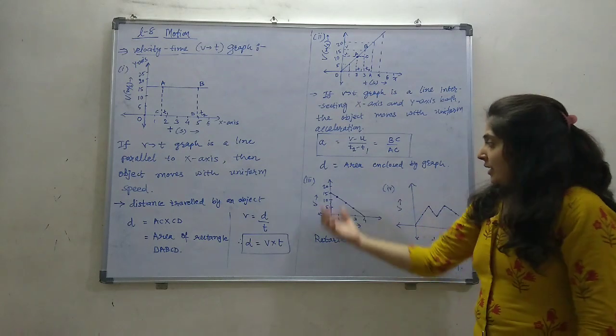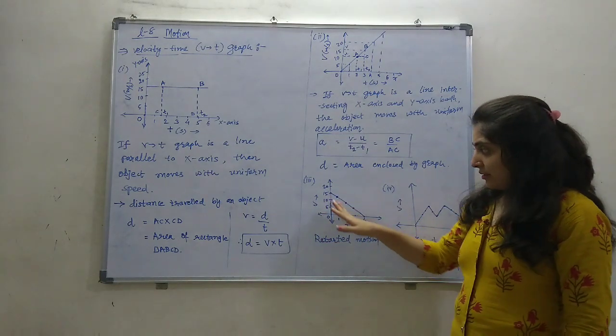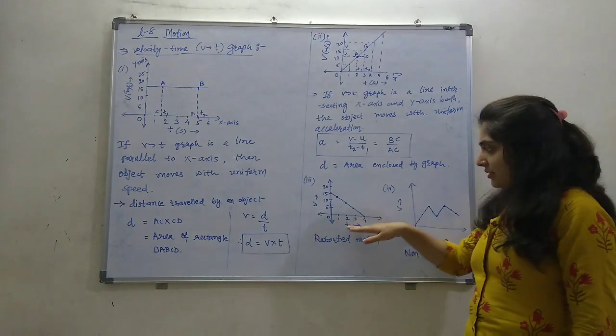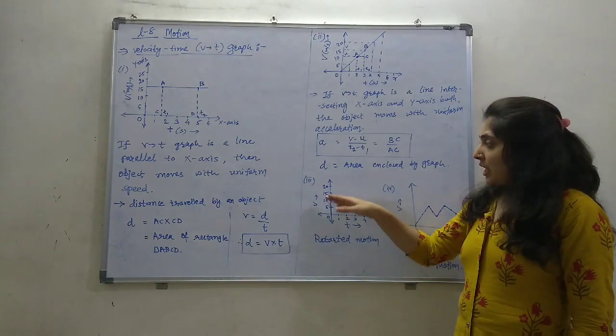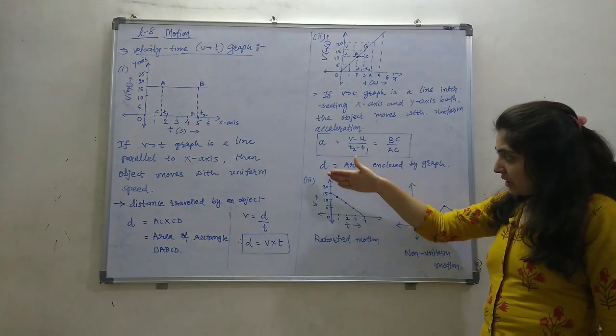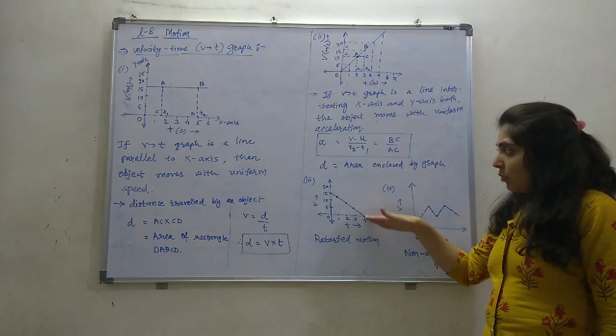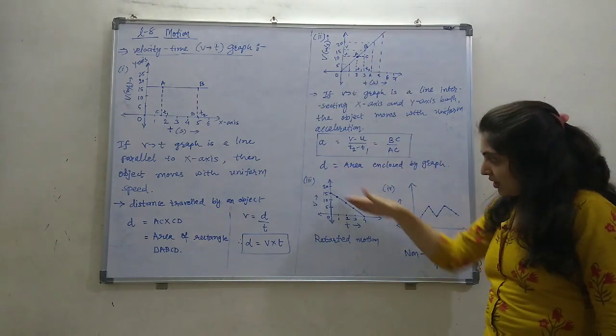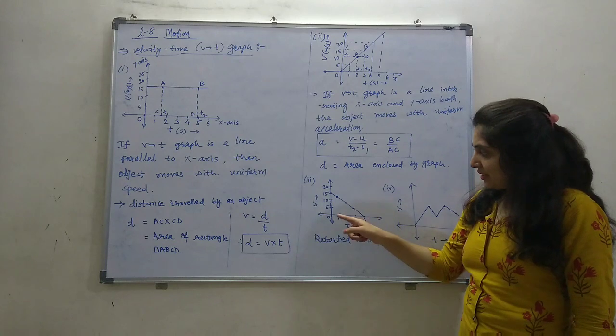And the third one, understand this very carefully. The y-axis represents v, the x-axis represents time. If the graph is a line, but it is slanting on the opposite side, see, it is slanting on this side. Now it is slanting, but in the opposite side. So how do we represent it?